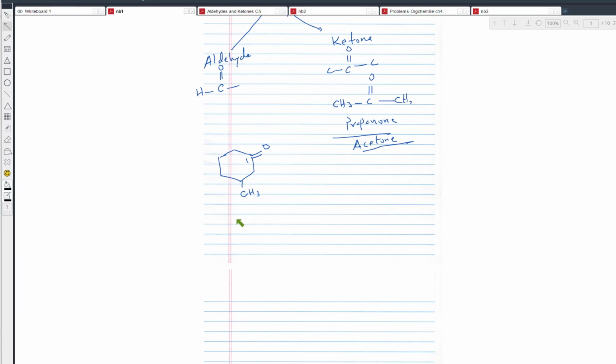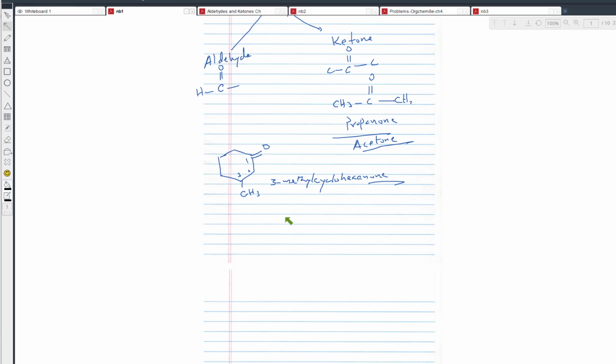The ring is a 6-member cyclohexane ring, and the ketone is 1, 2, the methyl is 3. We are going to write 3-methylcyclohexanone. The ending is going to be O-N-E. You remove the E, and we are not mentioning the position because we are already beginning the numbering from there.